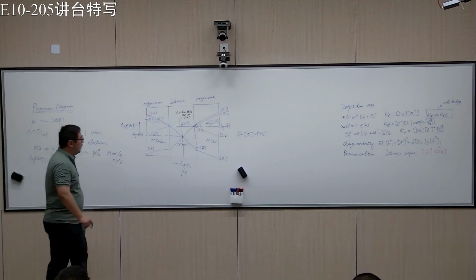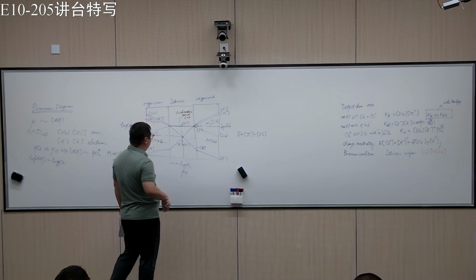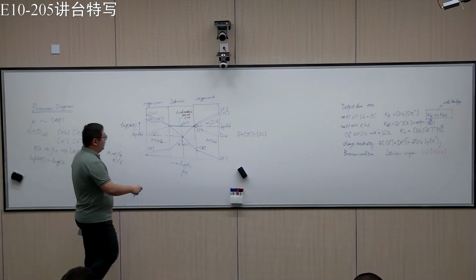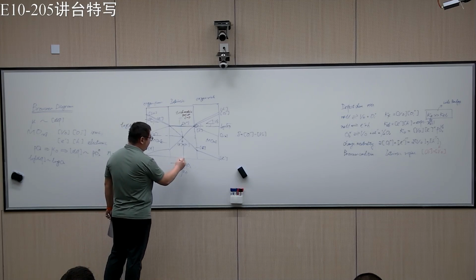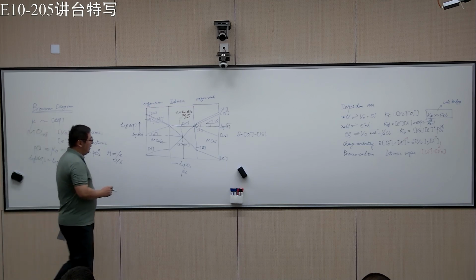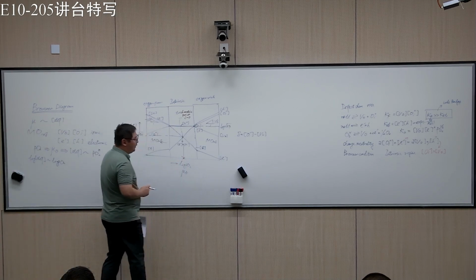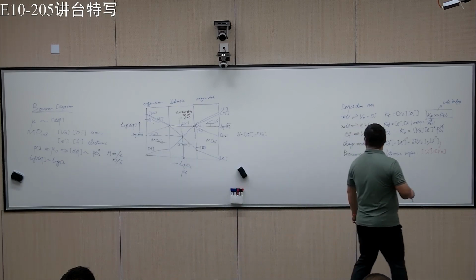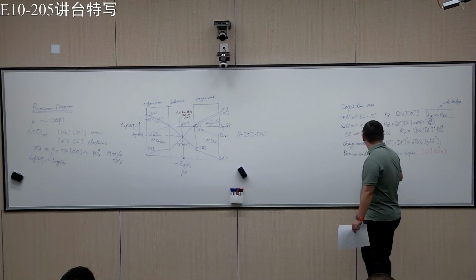Okay. So in this case, we can also solve for this point, where the point is. This is very important to know, where you are. Okay. So how to do that? Essentially, we know that in the intrinsic regime, we have something like this.